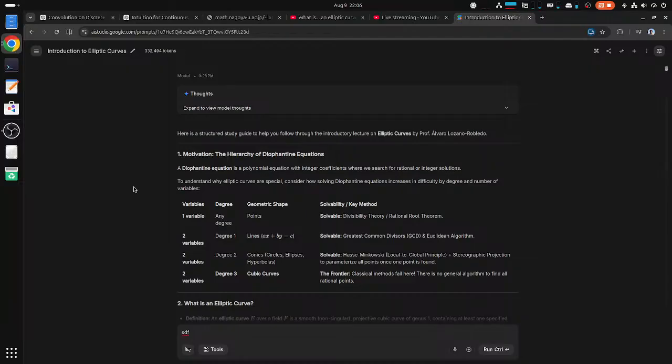The hierarchy of Diophantine equations. So the motivation part contains Diophantine equations. What are Diophantine equations?